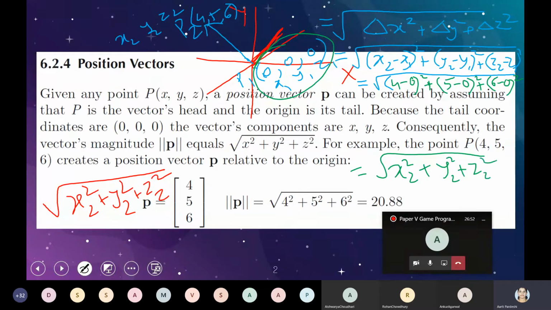From our case, it is under root of 4 square, because 4 minus 0 is 4, plus 5 minus 0 is 5, plus 6 minus 0 is 6. So you can observe it is nothing but under root of x2 square plus y2 square plus z2 square.